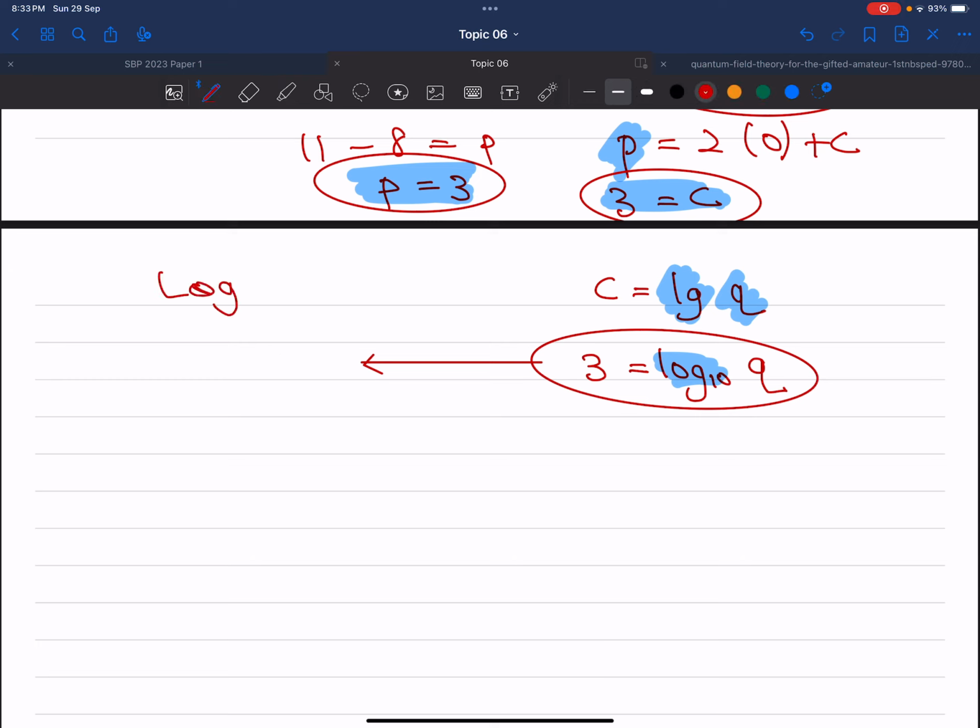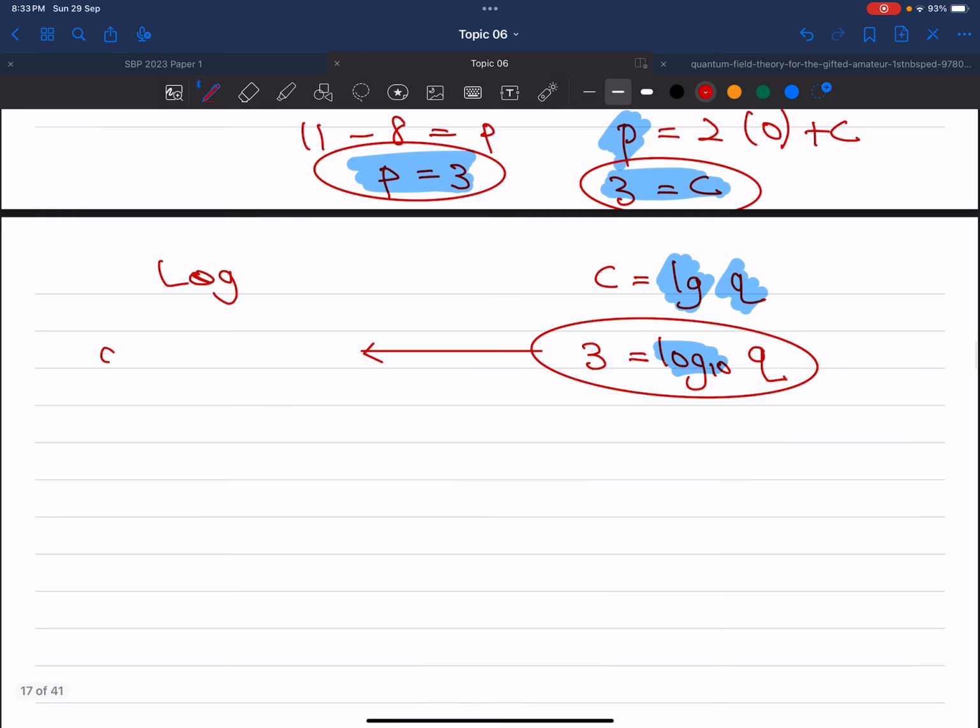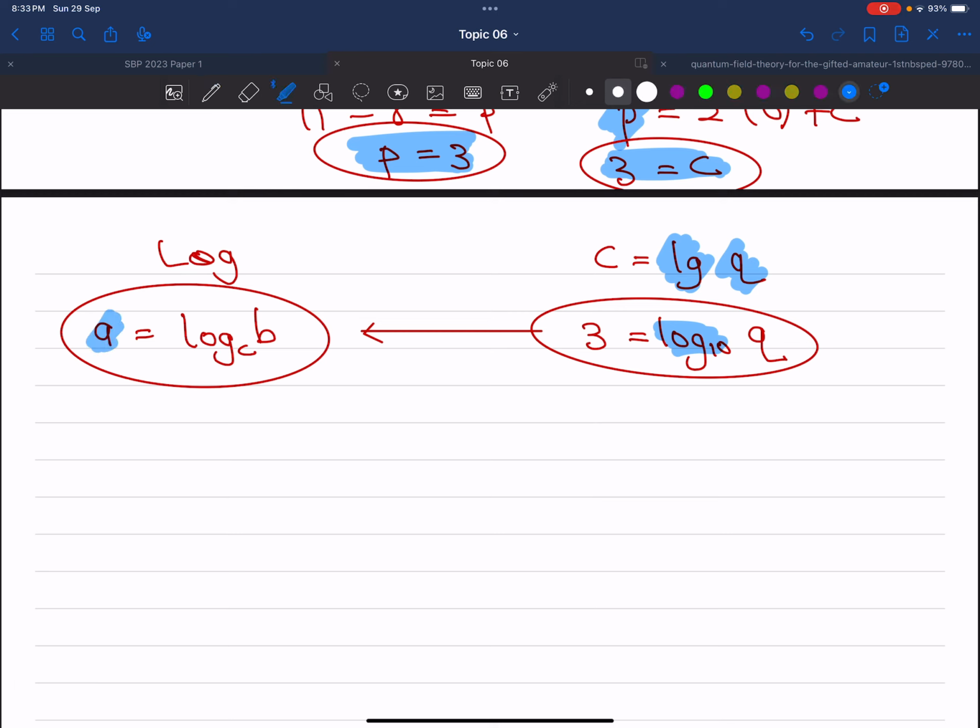If you remember in log, if I have A equals log B base C, therefore B equals C power A. It would be C power A, sorry for that. This is completely from log.